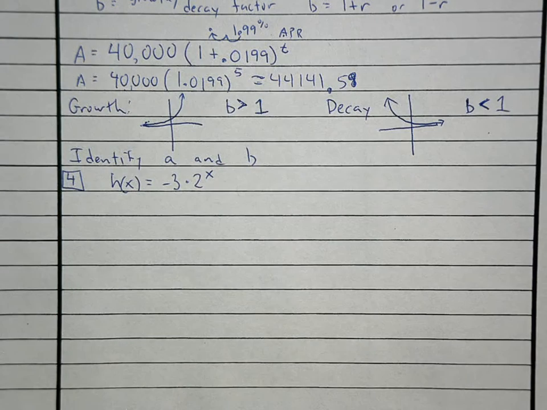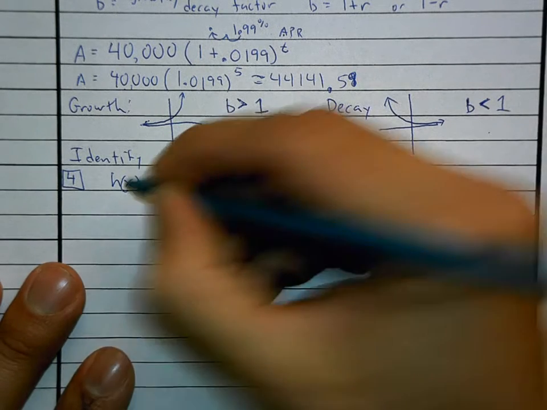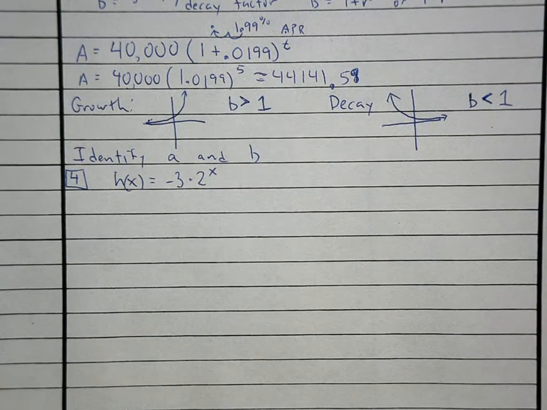And so for number 4, it says h of x is equal to negative 3 times 2 to the x power. All you have to do on number 4 is figure out what is A and what is B.